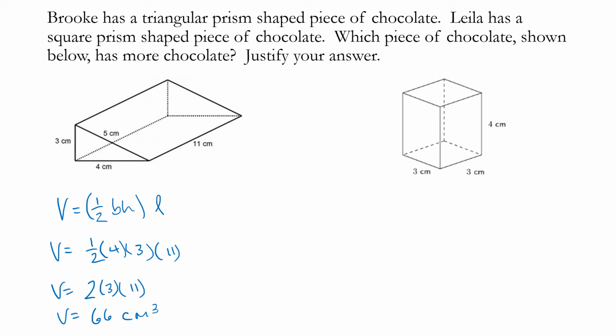Now for this rectangular prism, so now we're looking at the volume equals our length times our width times our height. So remember the area of the base is length times width times the height of the prism. So here we have 3 times 3 times our height of 4. We'll get 3 times 3 is 9 times 4, and 9 times 4 is 36 cubic centimeters of chocolate.